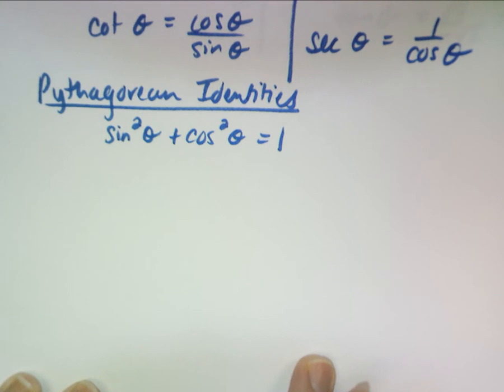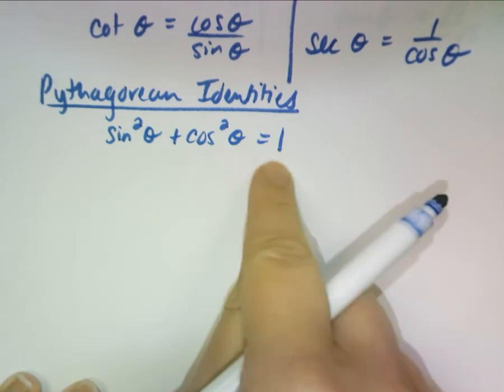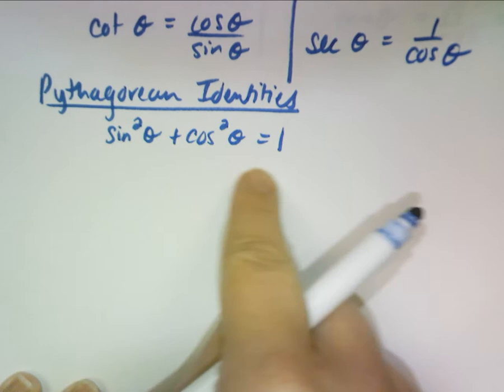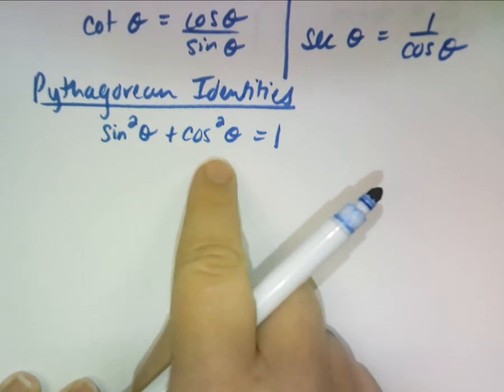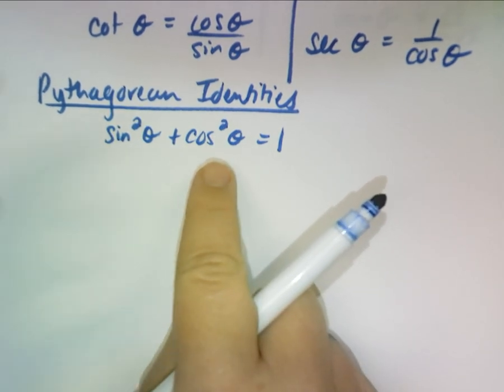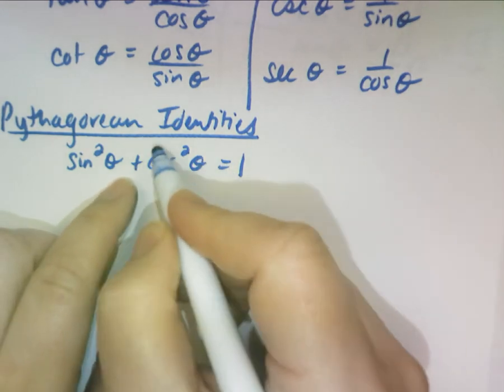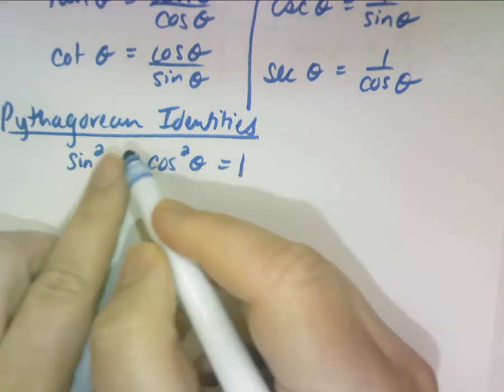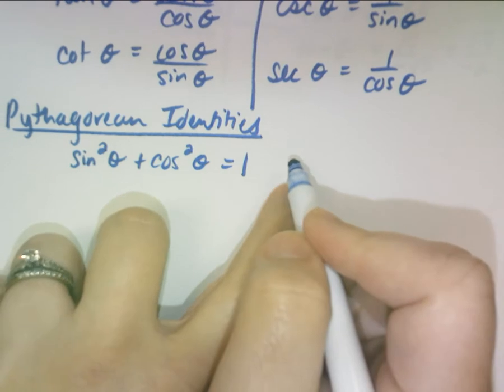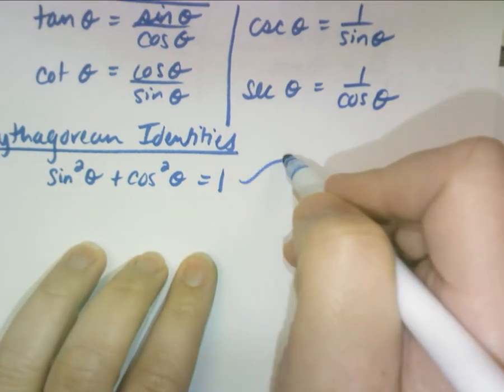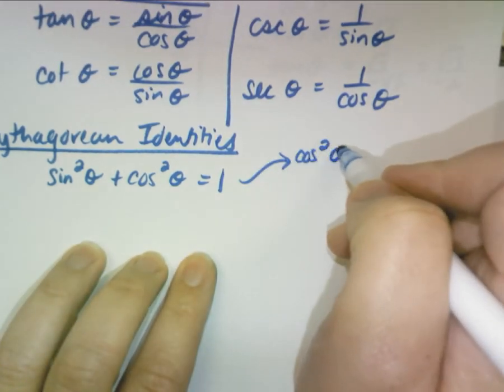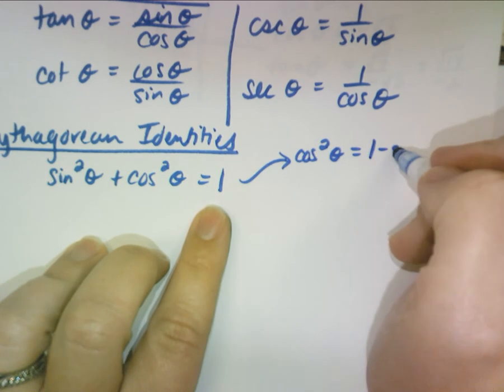By the way, all the manipulations within this are also part of it. Here's what I mean. I could solve this for cosine squared. If I kept cosine squared on this side, wouldn't you subtract that over? So cosine squared is actually equal to 1 minus sine squared.